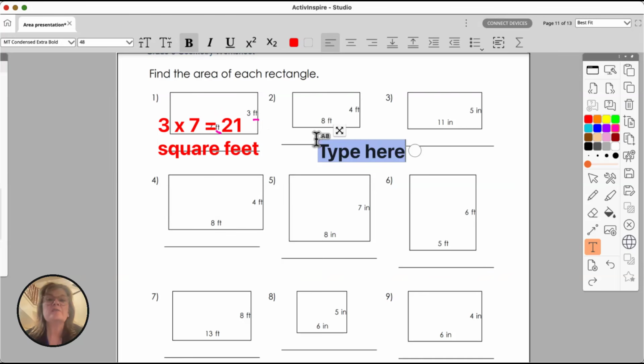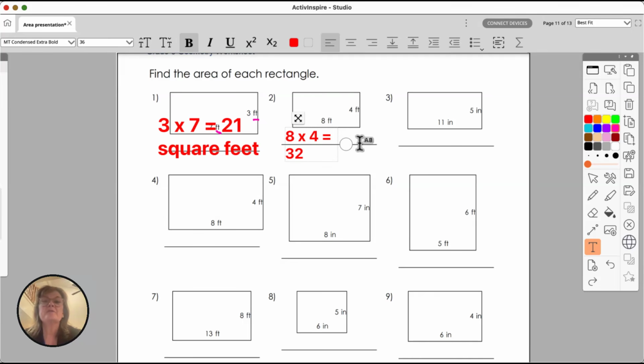All right, let's look at this one right here. Make this a little bit smaller so we can fit. Okay, we've got an 8 and a 4. So we would say 8 times 4 equals, oh, I forgot my times. 8 times 4 equals what? 8 times 4 equals, who knows? 32.